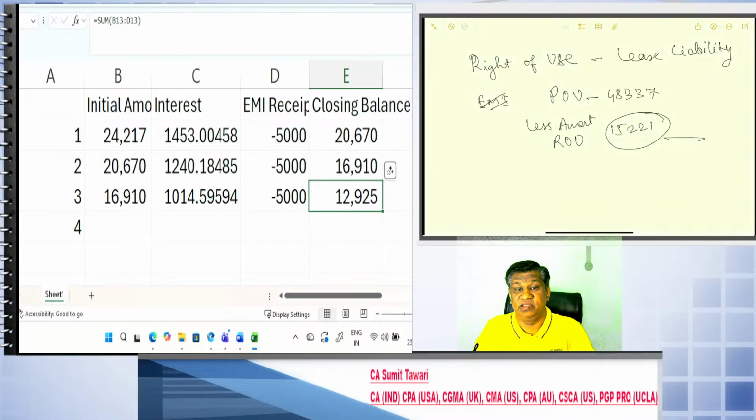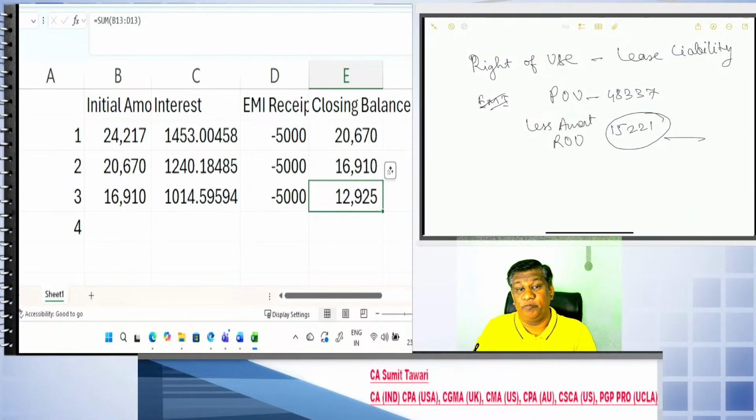Okay, so if you see the total, 48,337 and 48,337, the total is same. Clear? So that is basically the lease amortization, meaning ROU reduction, and this is lease liability reduction. That is the difference.